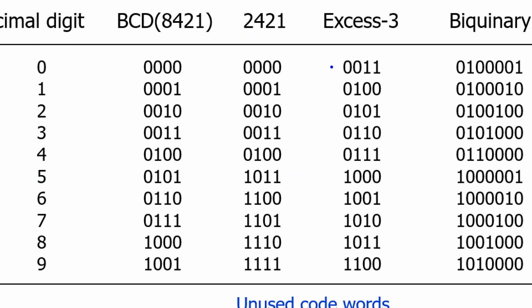Okay. How about XS3? The code for XS3 is something like this. We use 0 0 1 1 to represent 0, 0 1 0 0 to represent the value of 1, 0 1 0 1 to represent 2. Note the code for this system is XS3.